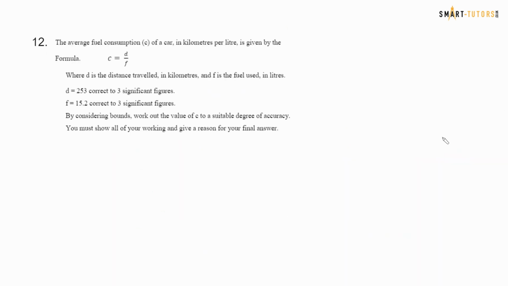Let's look at the next question, question number 12. So same question, the average fuel consumption C is given by distance over F. What is F? F is the fuel used in liters. So D is given as 253 nearest to 3 SF. So 1, 2, 3 SF.